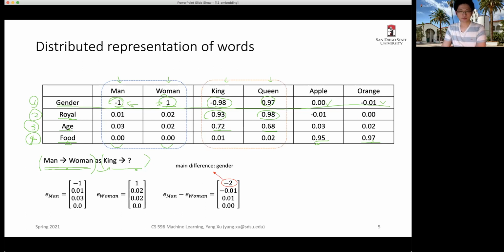And if we compare the distance between king and queen, we will find a similar distance. The encoding of king minus the encoding of queen would result in a similar distance. So it basically tells us that the relationship between man and woman is pretty similar to the relationship between king and queen. Such a semantic relatedness can be retrieved from these vectors.